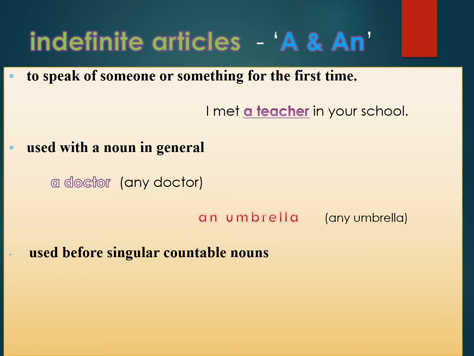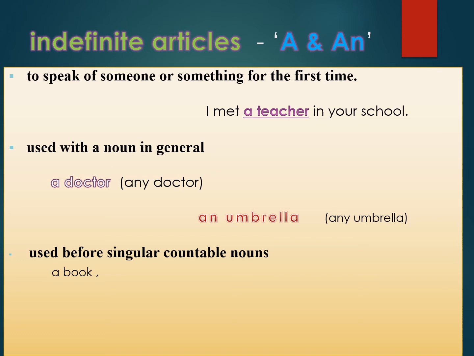1 book is a singular countable noun. 2 books, 3 books, etc. are plural countable nouns. So a book is a singular countable noun, and we have to use a before the noun book.